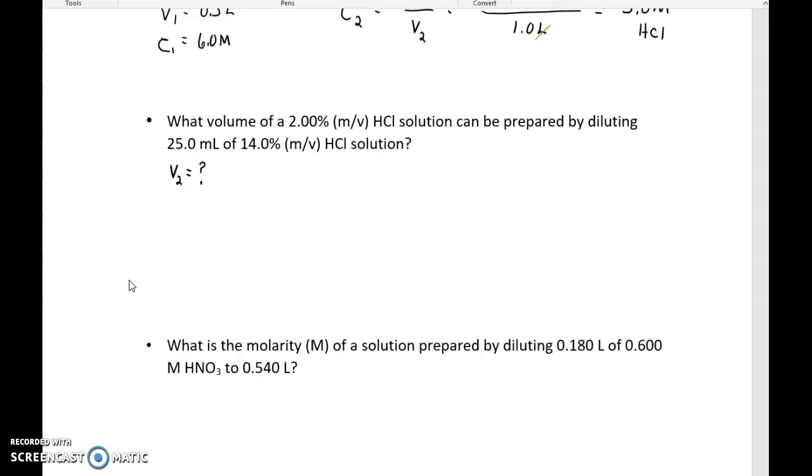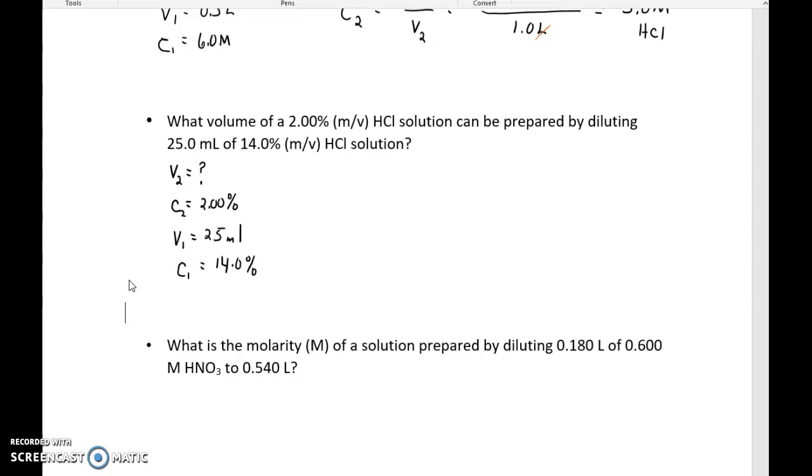Of a 2% mass per volume solution, so this is going to be our concentration, can be prepared, so that's the 2, by diluting 25 milliliters. Our initial volume is going to be 25 milliliters of a 14% stock solution of hydrochloric acid.